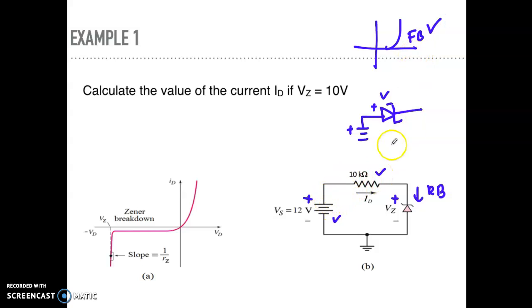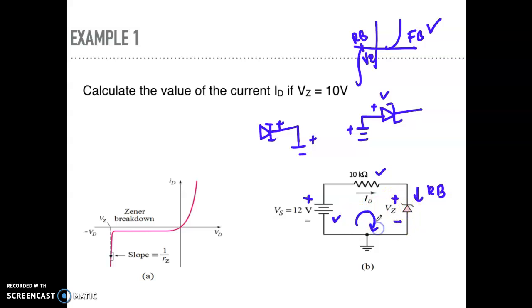But when it is connected like this, from here to plus, so here plus and here also plus, this will be at reverse bias. When it operates at reverse bias, we have what we call the Zener voltage, that is VZ.